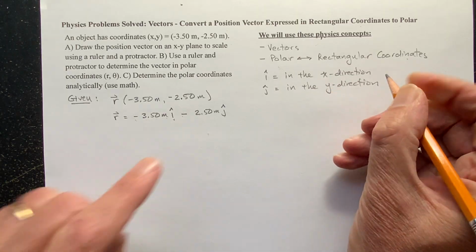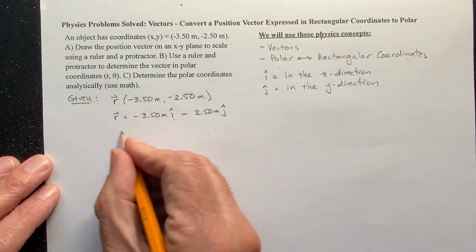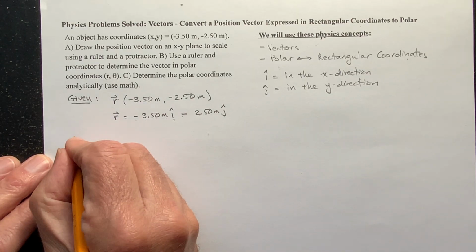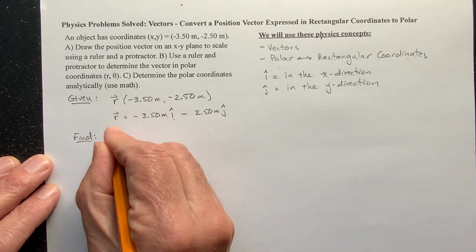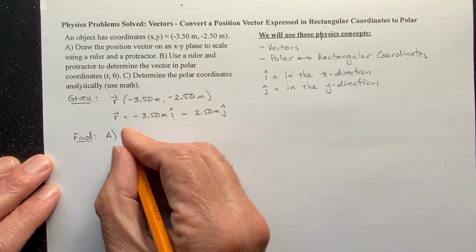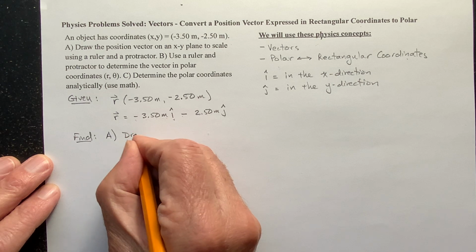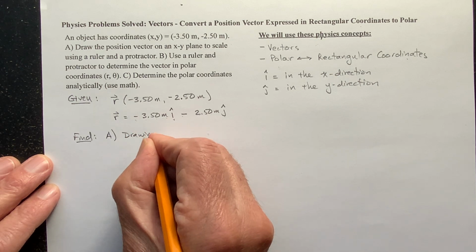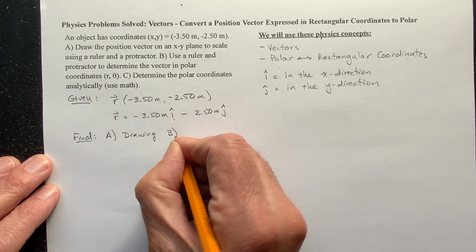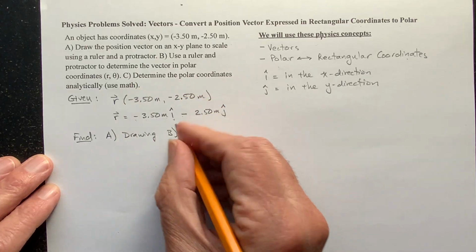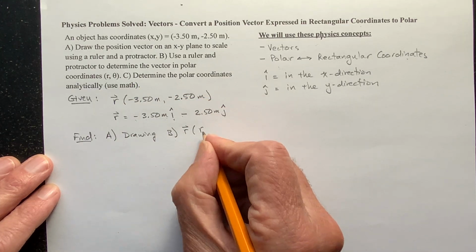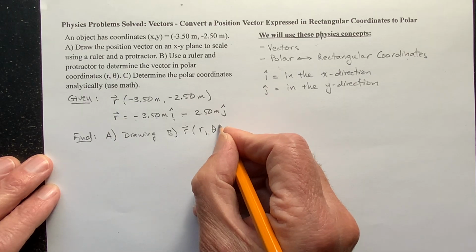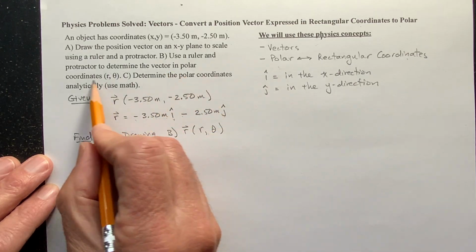Okay. So anyway, that's what you're given, and here's what you want to find for part A. We want to make a scale drawing, and then B, we want to use that to find r in terms of its magnitude and direction. And that's polar coordinates.